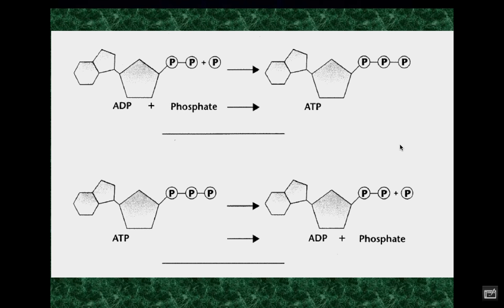So if we look at the top one, we're starting with ADP and phosphate, and we're making ATP. So what we are doing is we are storing our energy because we're forming this new bond right here, which has the energy in it. Then we have ATP, so 3 phosphates, and we end up with ADP plus a phosphate. So we have now broken this bond, and it is energy releasing.